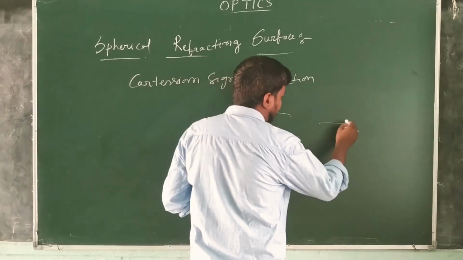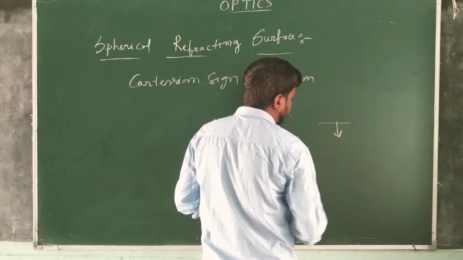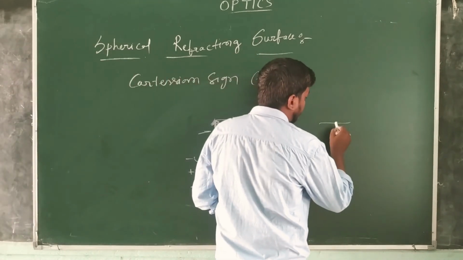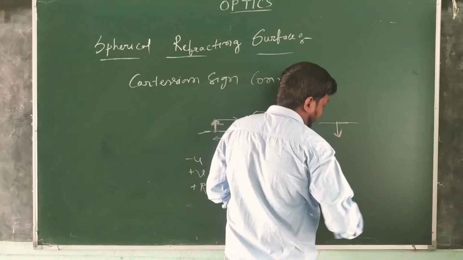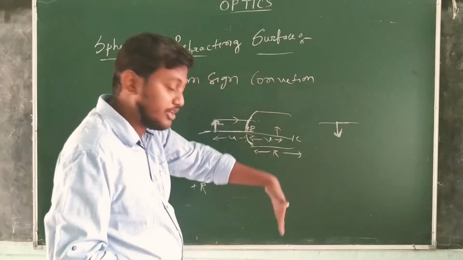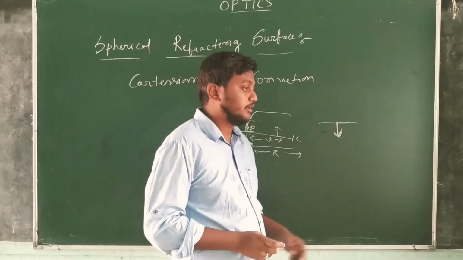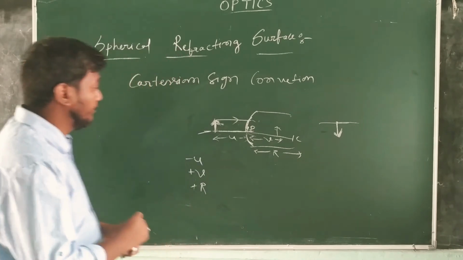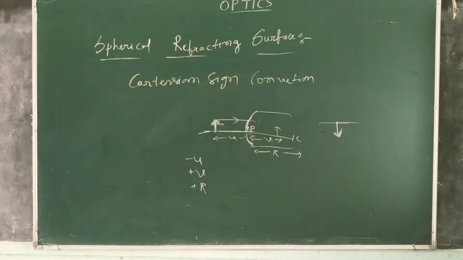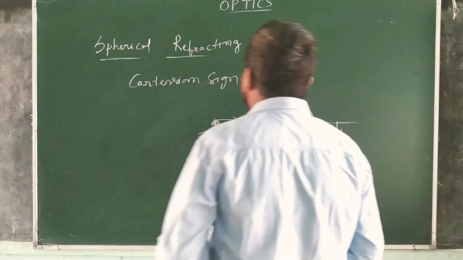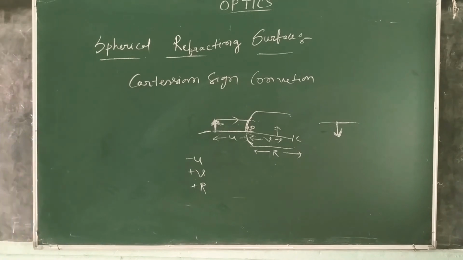If the image is formed like this, suppose this is inverted, then we have to take the measurement in the negative y-axis, that means downward from the principal axis. Then this measurement will be taken as negative. So these are the Cartesian sign convention used in spherical refracting surface, just like the spherical mirror.